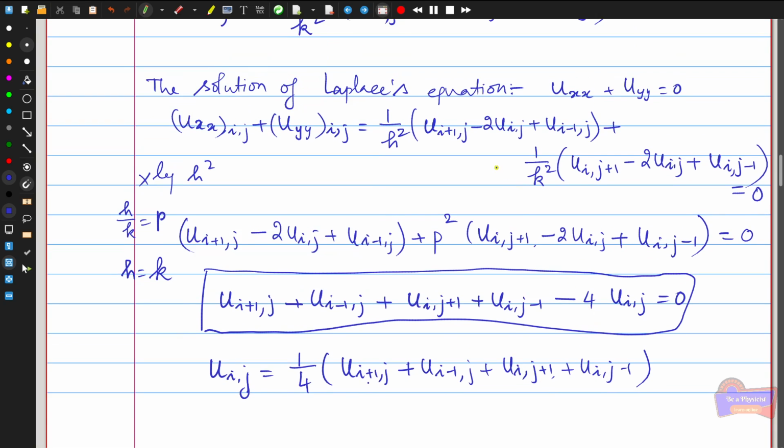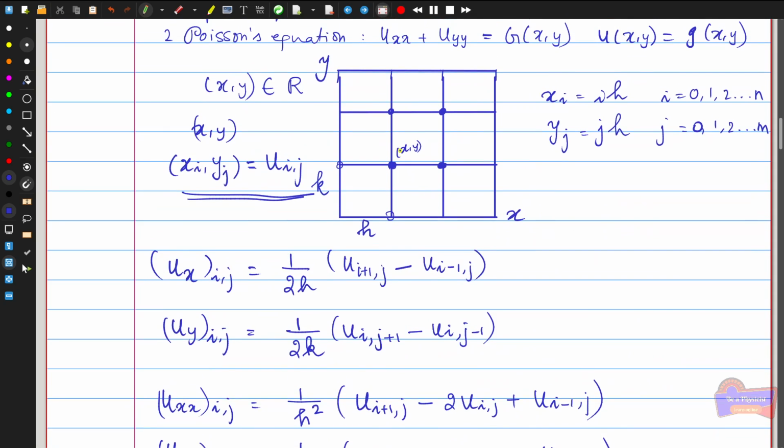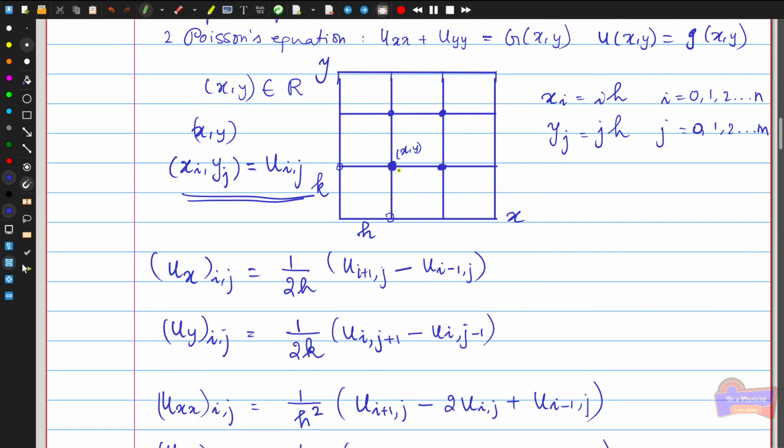Okay. So suppose if you go back to this mesh point, suppose you consider this is u of i comma j, then this is the i plus 1 point and this is the i minus 1. Similarly, this is the i comma j plus 1, and this point is known as i comma j minus 1.